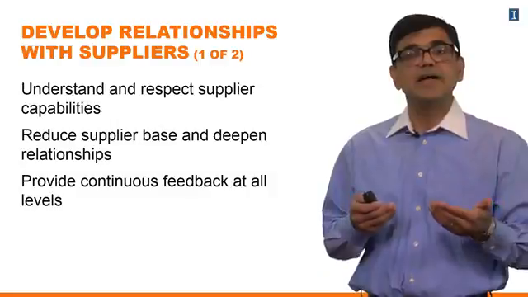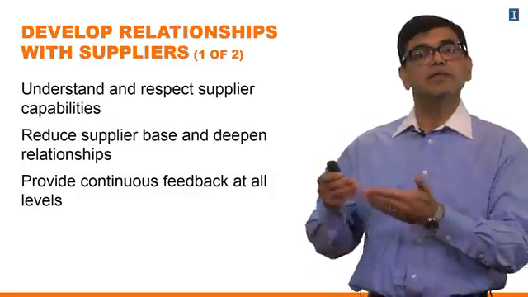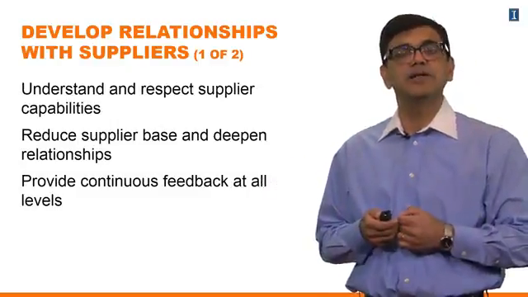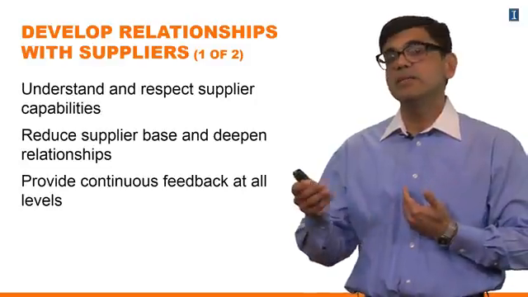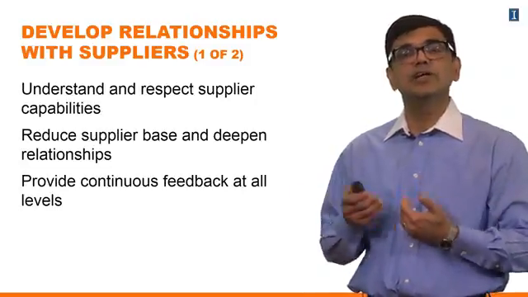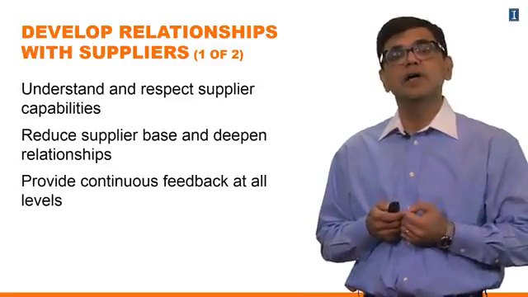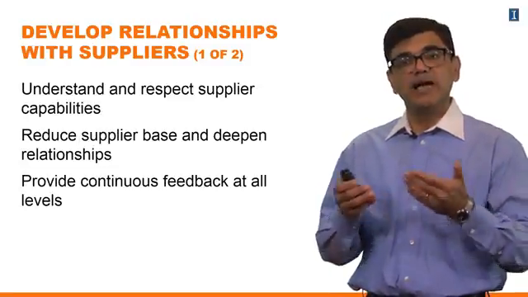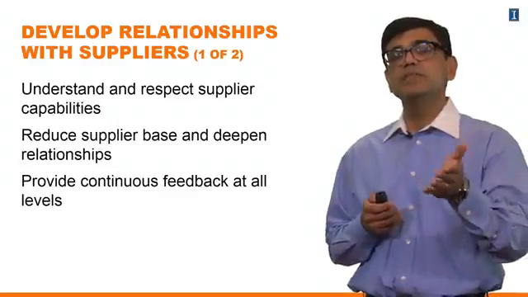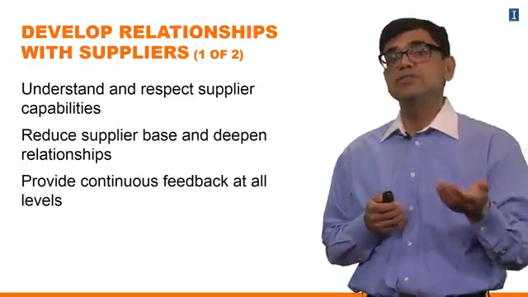So what happens there is you're trying to get the benefit of the specialized knowledge of your suppliers, but at the same time, you're not trying to keep them distant from you. You're sharing information with them and you're getting access to their information. So there's the idea of having a supply chain relationship. Now, what this means is that you reduce your supplier base.